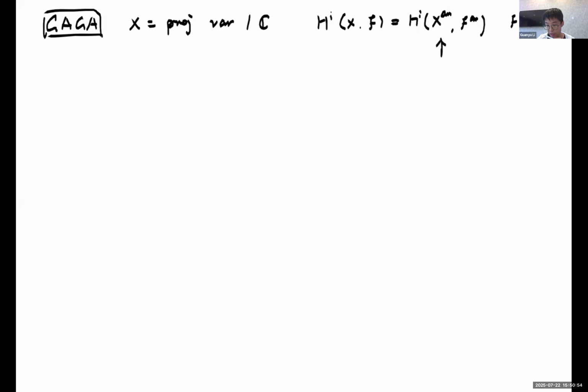there is a very good thing called Brown representability.